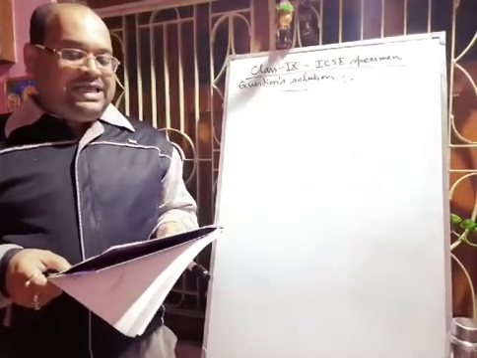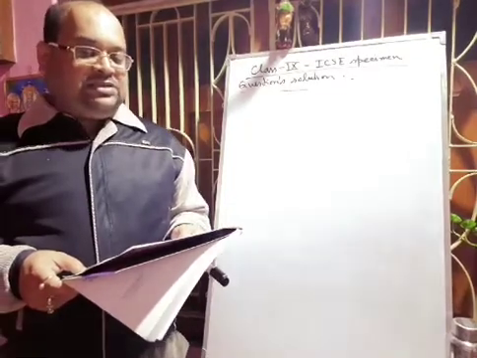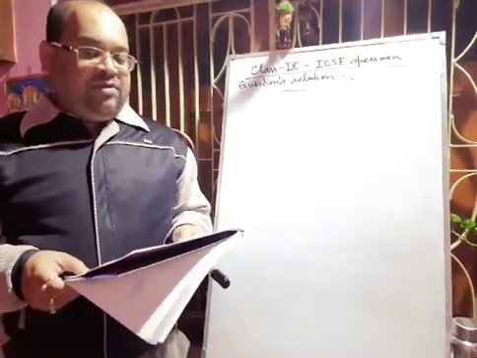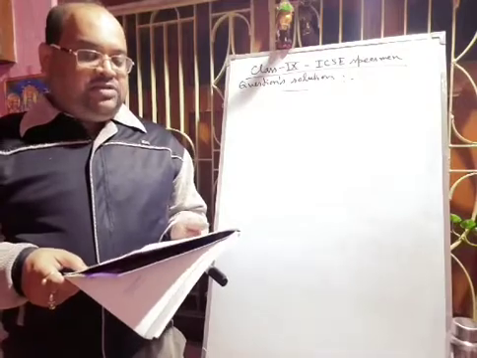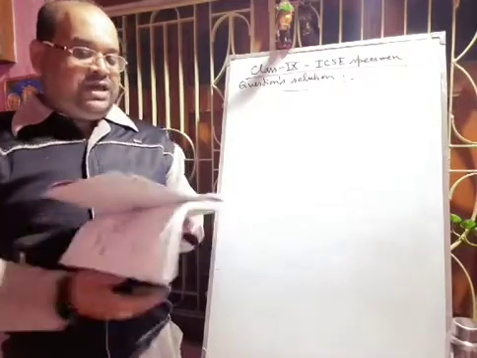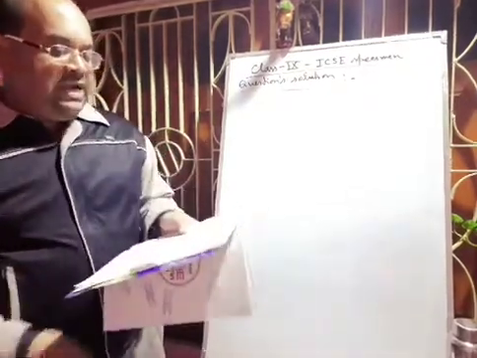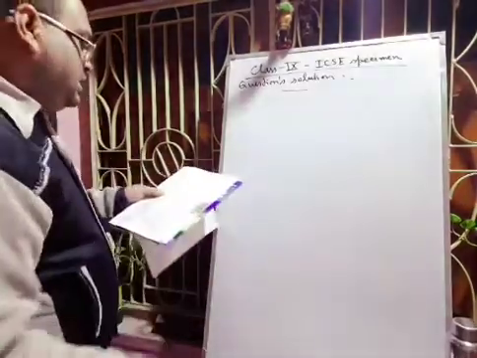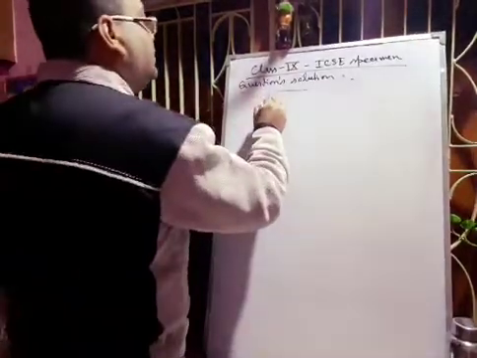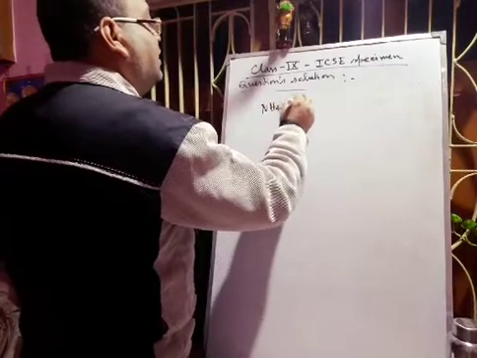Next, a numerical is given: calculate the percentage of nitrogen in ammonium nitrate. These numericals you have to solve, here I am solving. Percentage of nitrogen you have to find out. First, the molecular mass of ammonium nitrate, NH4NO3, you have to find out.